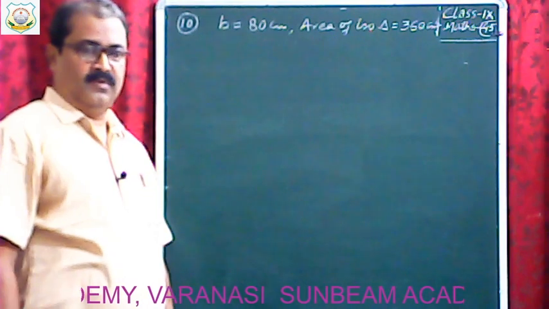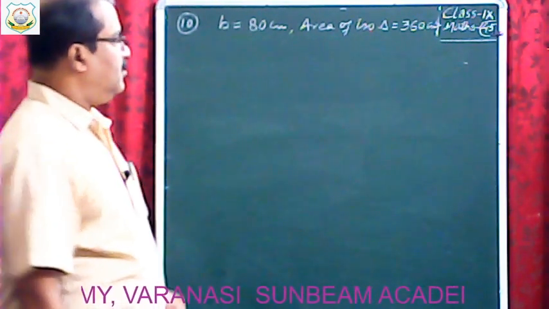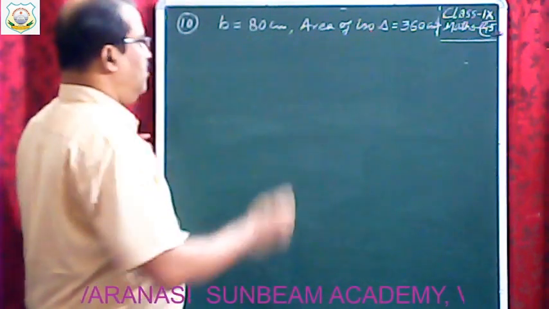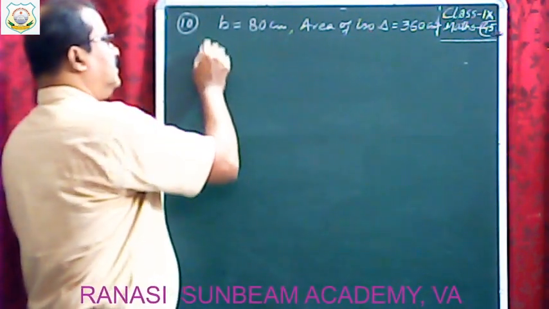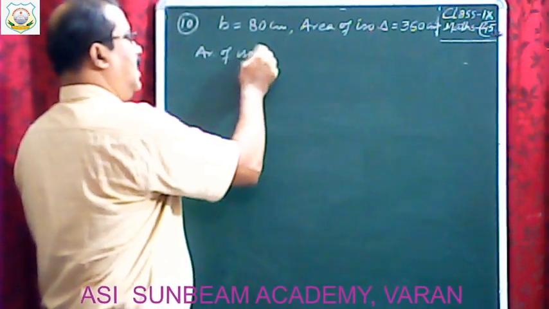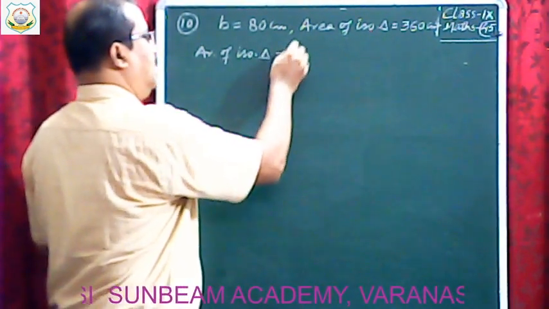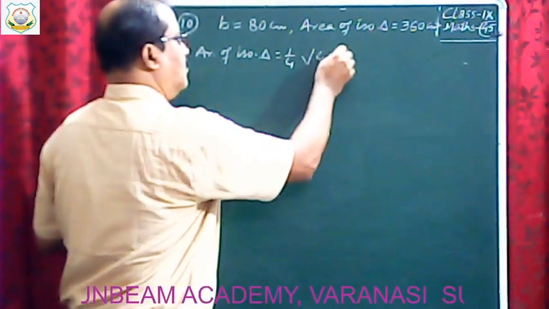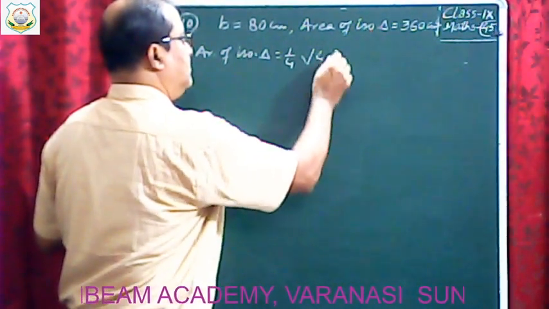Base we have. Okay, area is given, so using the formula area of isosceles triangle, that is fourth formula I have written. Area of iso triangle 1 by 4 square root 4 a square minus b square.